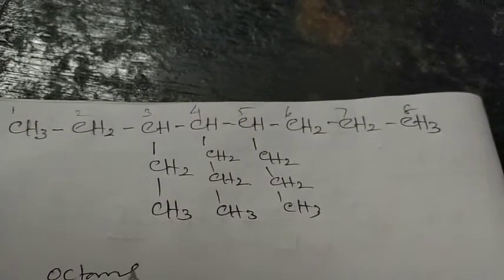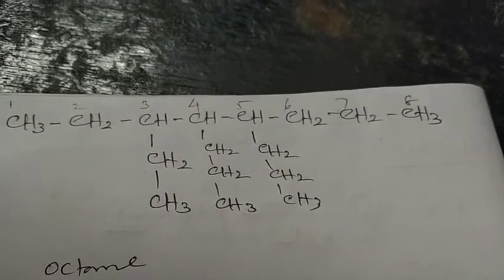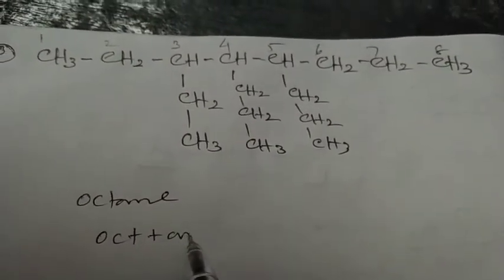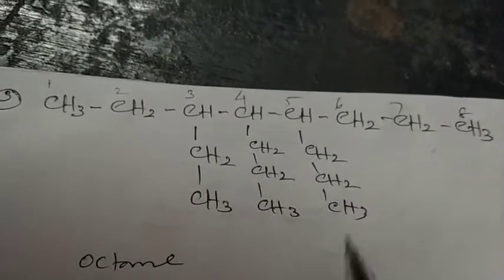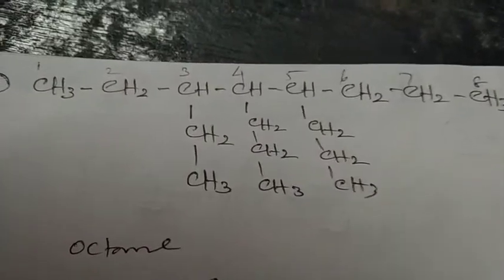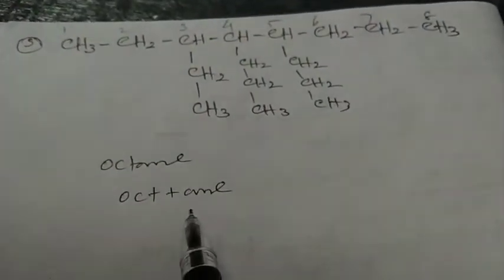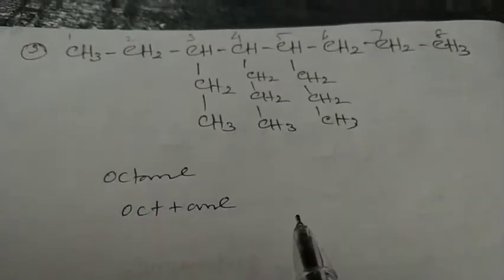Octane. Oct means 8, plus A and E, because all are single covalent bonds. There is no double bond here. So octane, oct plus A and E. This is the root word and the parent hydrocarbon of this compound.